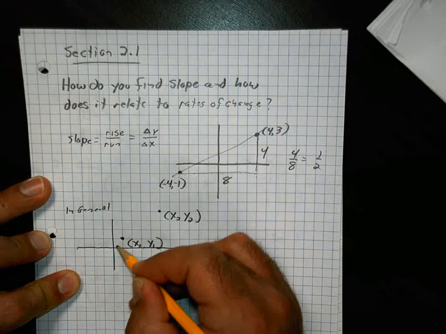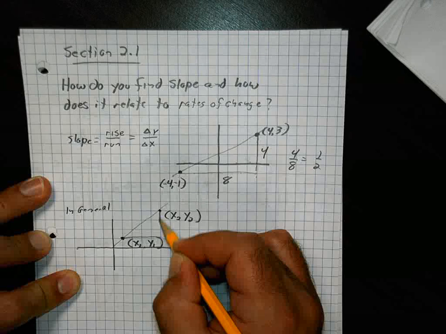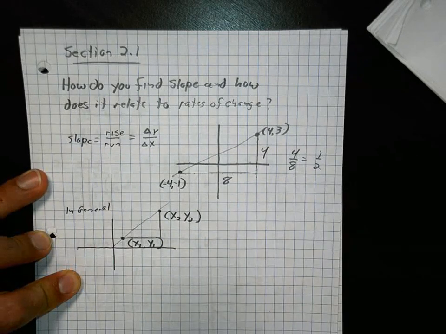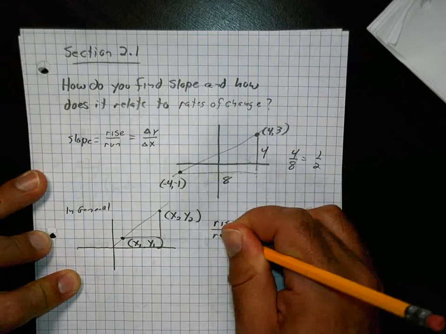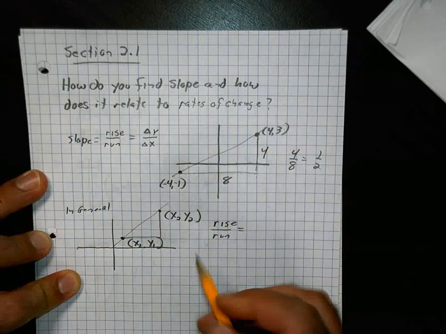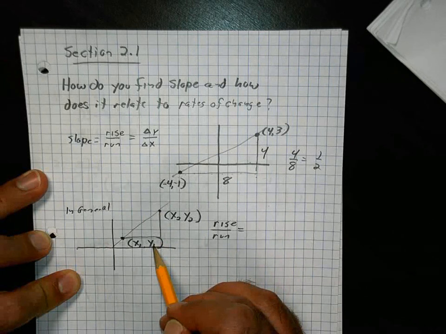Let's connect those points, make our slope triangle. In this case, the rise over the run is equal to what? This is y2 and this is y1.